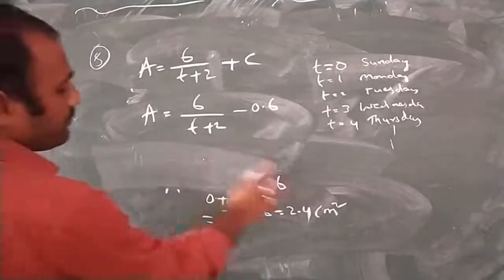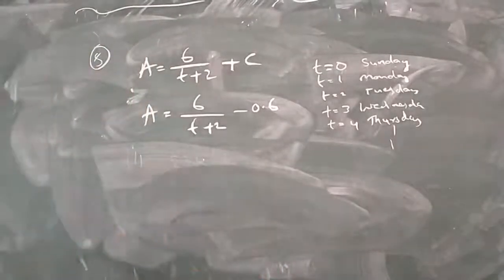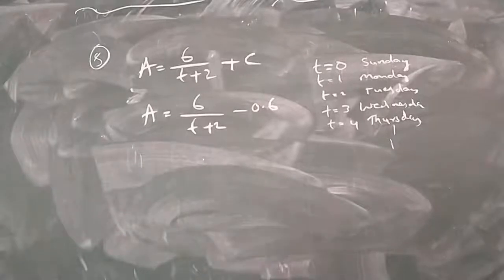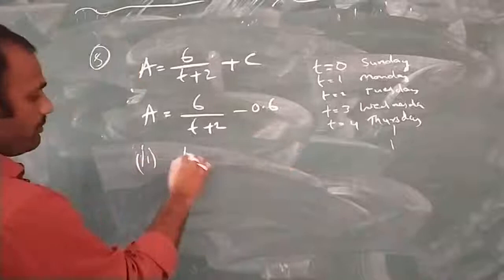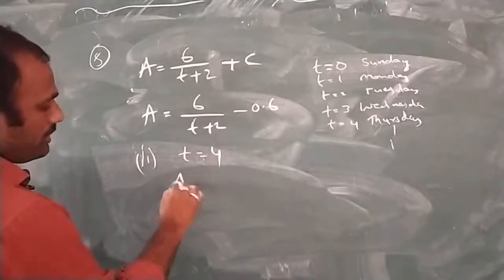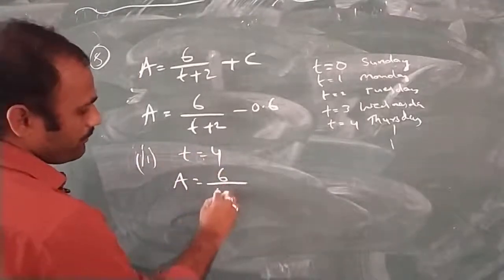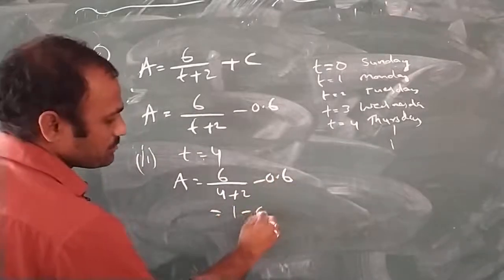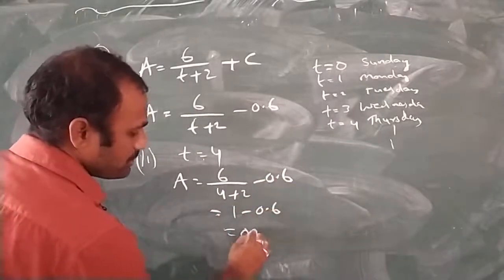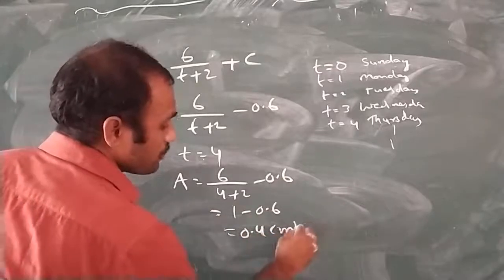Next, let us see the second one. He is asking for the approximate wound area on Thursday. On Thursday, the t value will be 4. So the area A is equal to 6 by 4 plus 2 minus 0.6. So 6 by 6 is 1, 1 minus 0.6 is 0.4 centimeter square on Thursday.